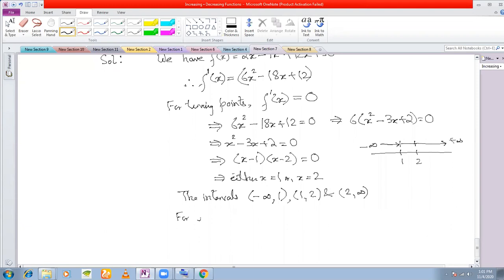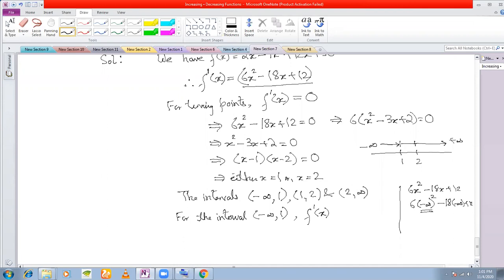So if we consider the first interval, for the interval minus infinity to 1, what is f dash x? F dash x is this. You put any value between minus infinity and 1. If you put x is equal to minus infinity, what will you get?